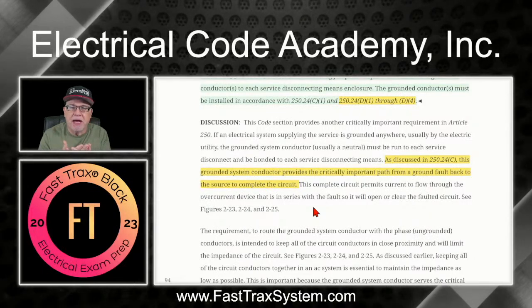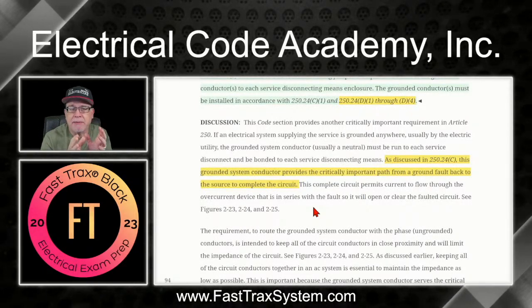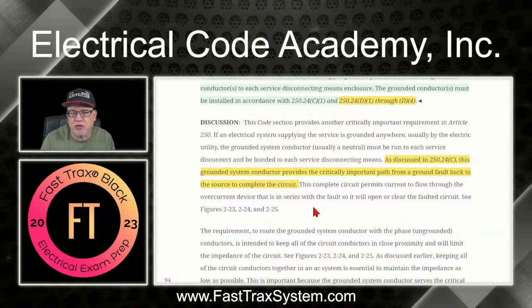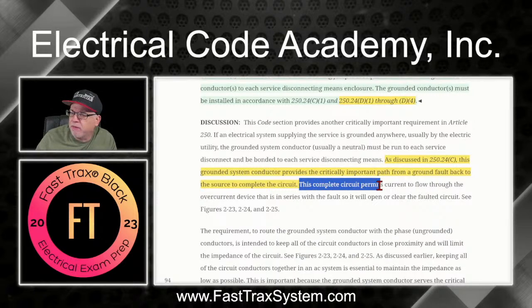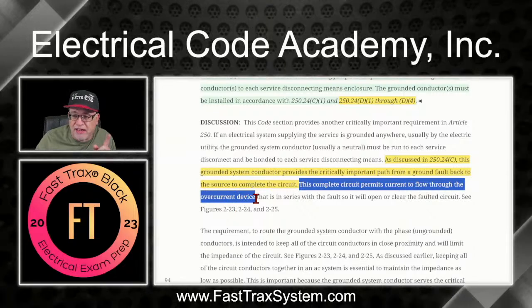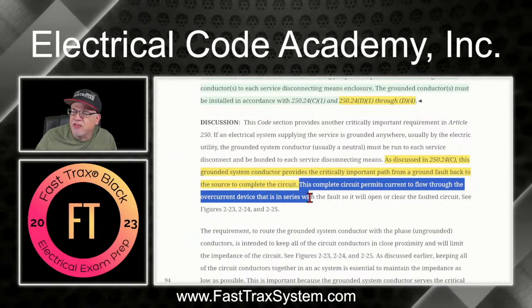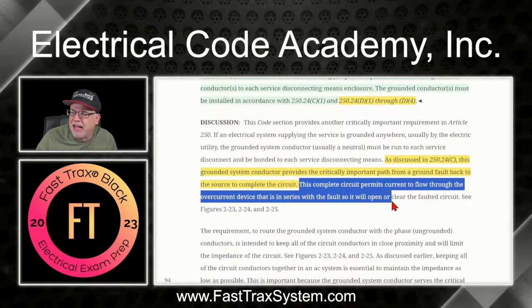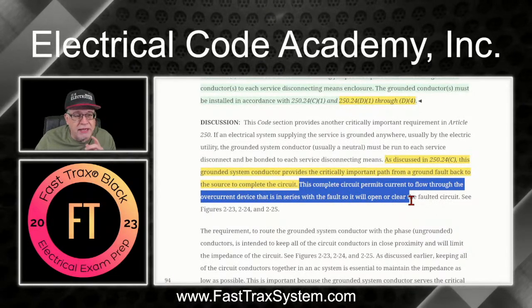Critically important to have a main bonding jumper, but critically important to make sure that those grounded conductors are sized properly as well. Okay. All right. So this complete circuit path permits current to flow through the overcurrent device that is in series with the fault current and will allow the device to open and clear. Okay.